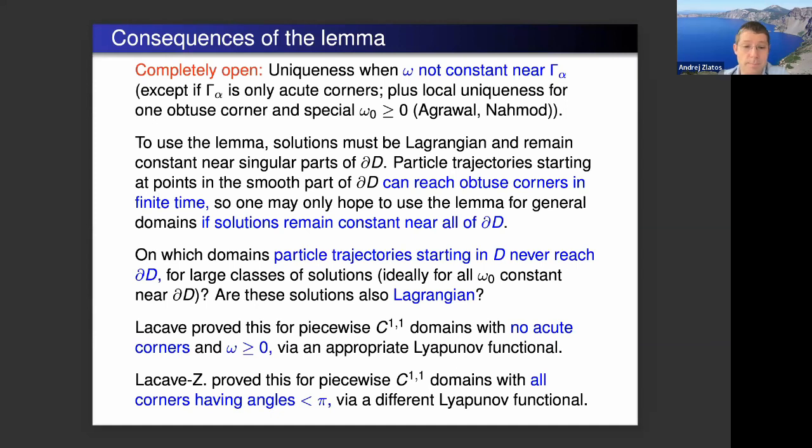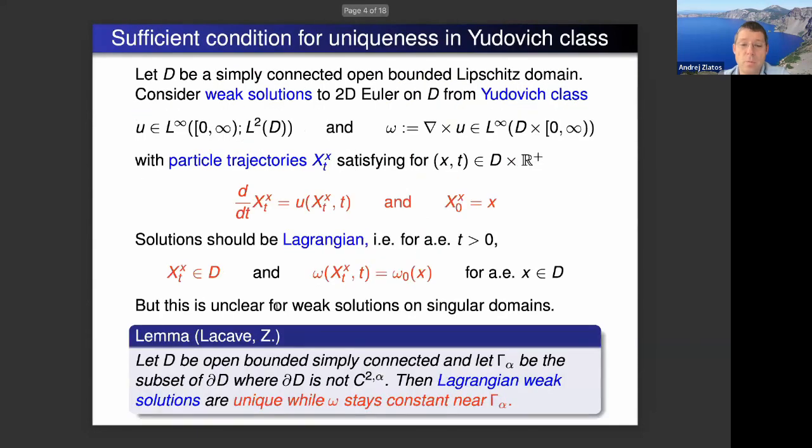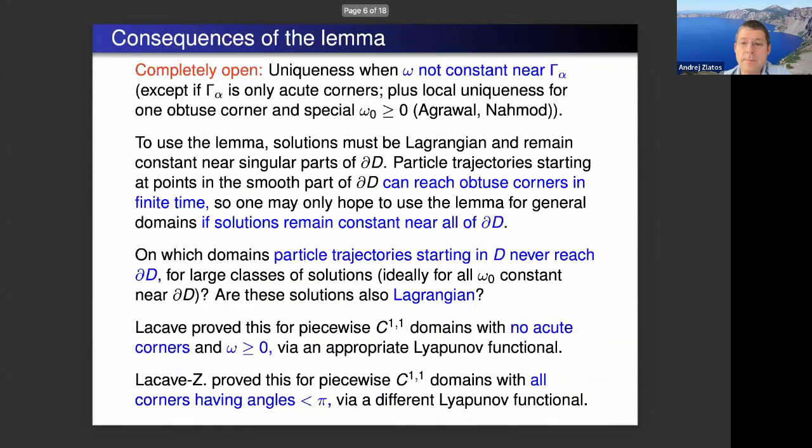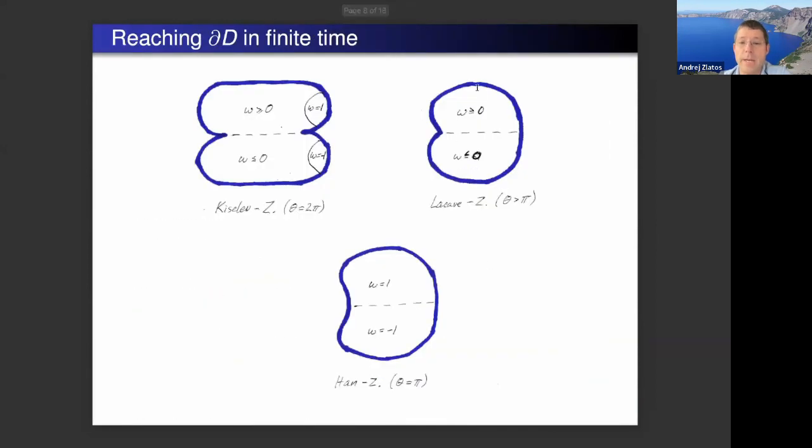And by the way, if we do have a situation when a positive measure of particle trajectories reach the boundary, so this doesn't hold, then essentially we cannot hope for having Lagrangian solutions, because what happens is that some chunk of the domain gets carried outside of it in finite time.